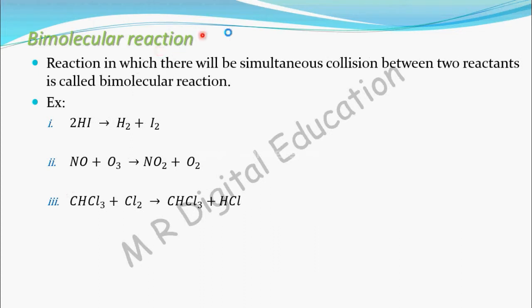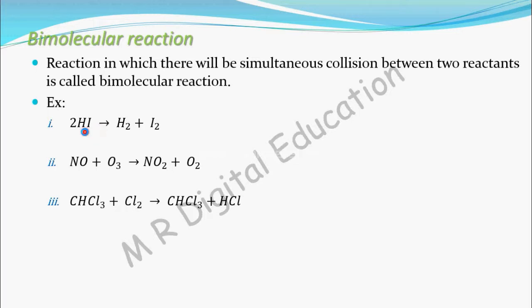What is a bimolecular reaction? A reaction in which there is simultaneous collision between two reactants is called a bimolecular reaction. See the example: 2HI gives H2 plus I2. Here two molecules, that is two reactants, are involved, and they will simultaneously collide and form the product.